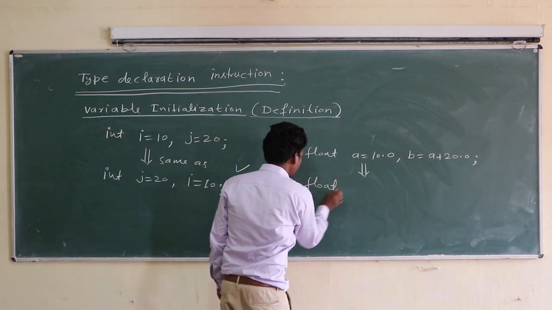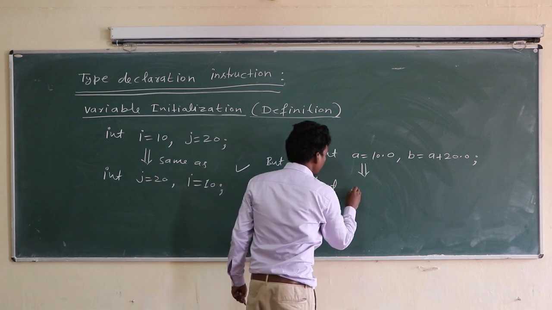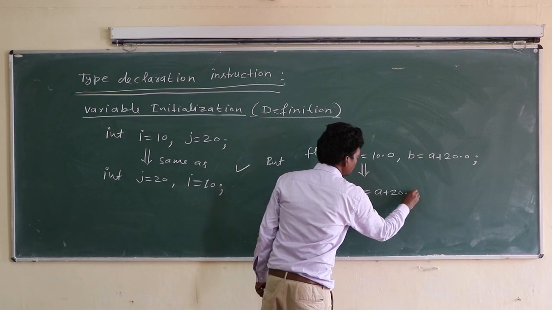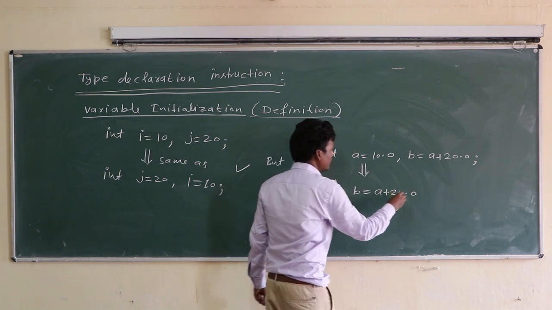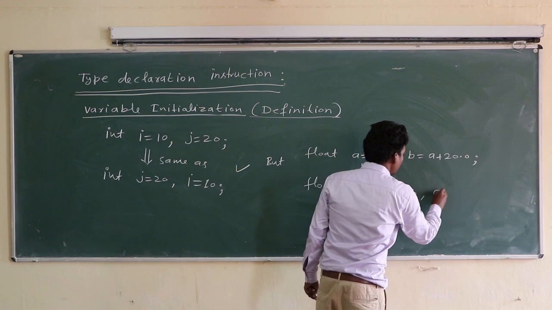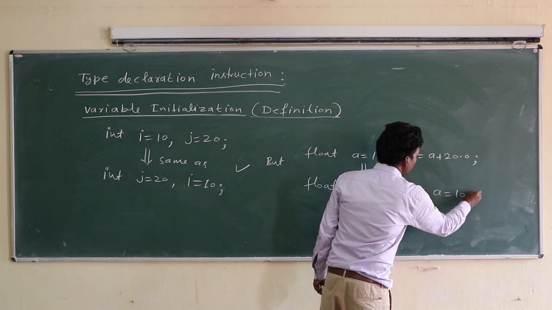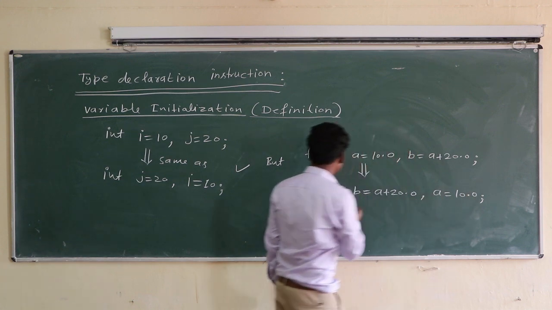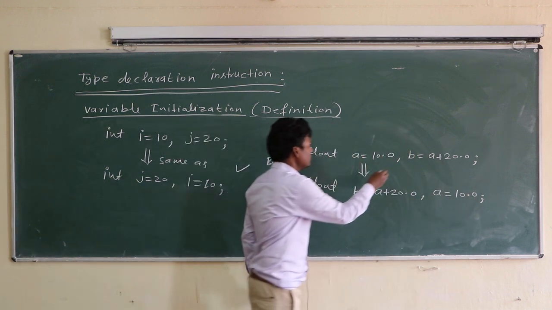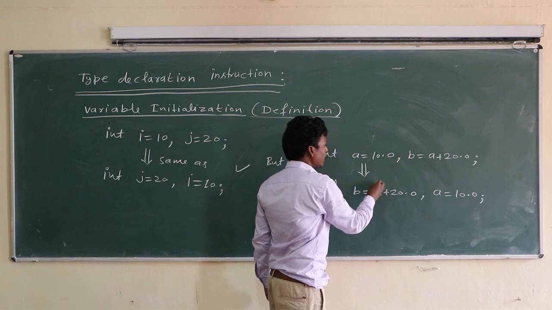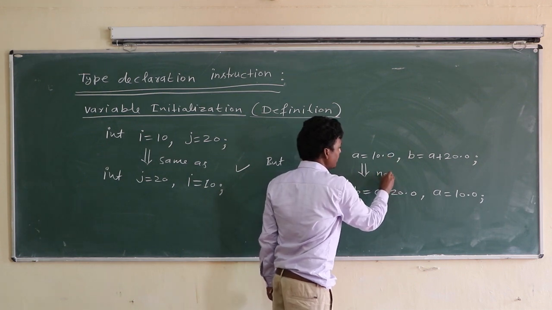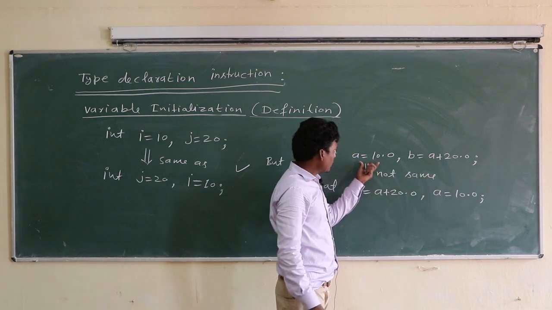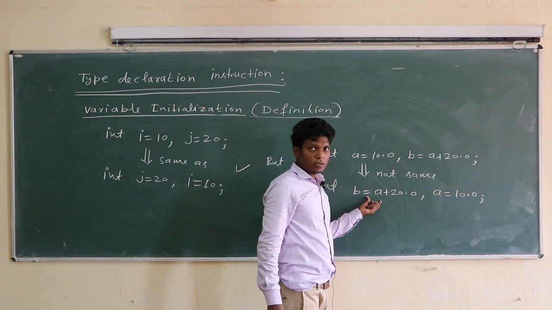Suppose you want to write it as float b = a + 20.0, a = 10.0. This is wrong, not the same, and this is wrong.